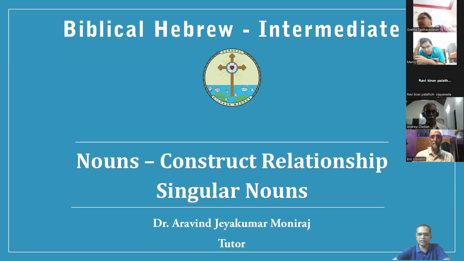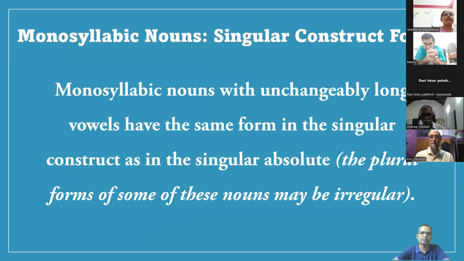So what we have seen is the absolute construct relationship with the plural nouns. Now the singular nouns. Singular nouns, again, we can divide them into monosyllabic nouns and bisyllabic nouns, right? First we will see the first category, monosyllabic nouns. Monosyllabic nouns are very easy.